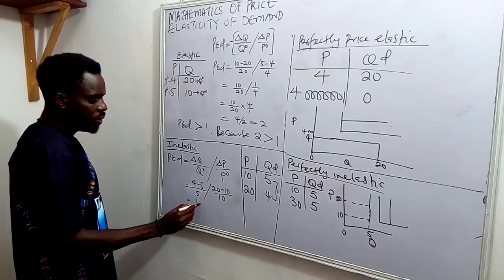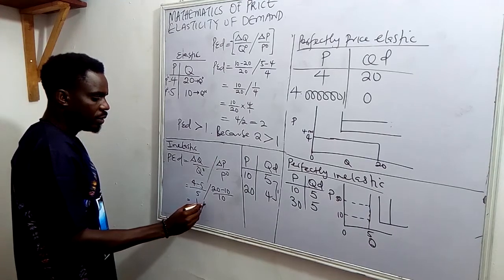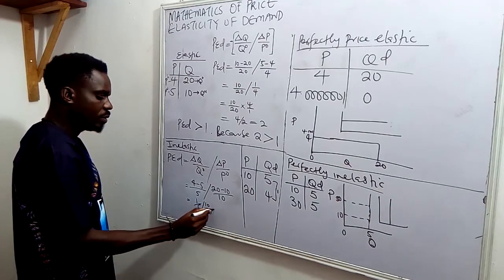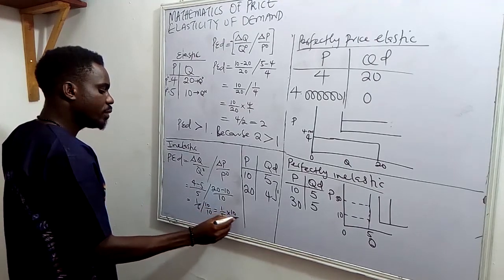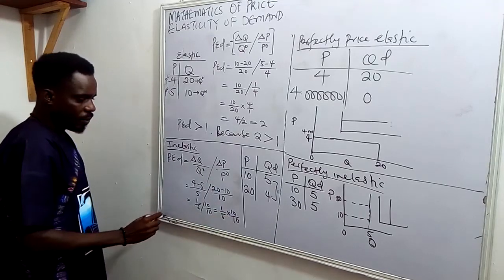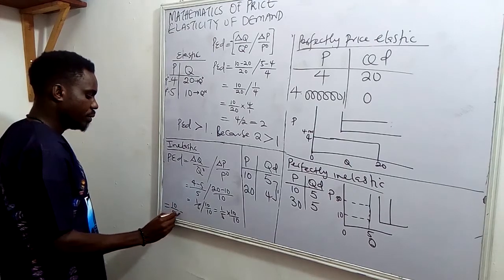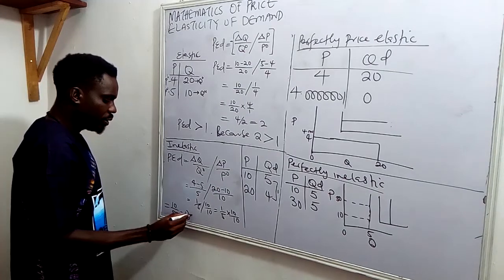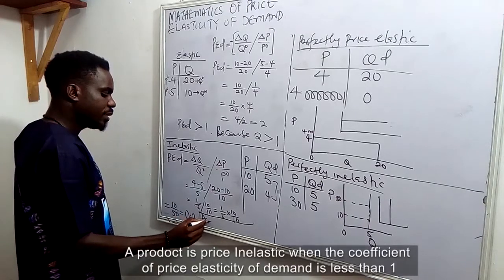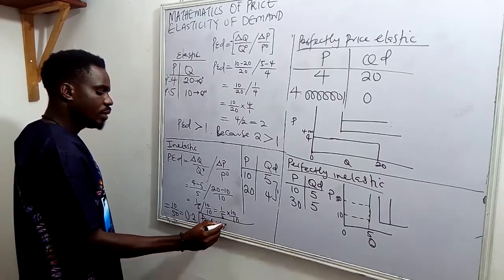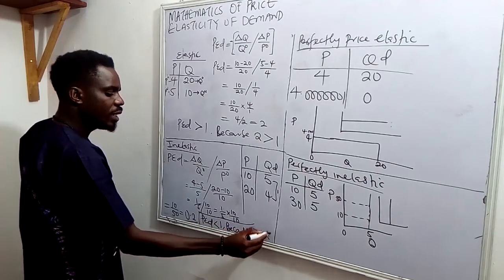This will give us 1 divide 5 divide 10 divide 10, which is 1 divide 5 multiply 10 divide 10. So this will give 10 divide 50, which is 0.2. As such, the coefficient of a product that is price inelastic is less than 1 because 0.2 is less than 1.